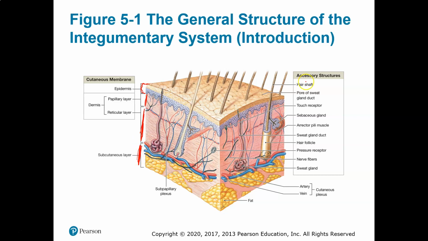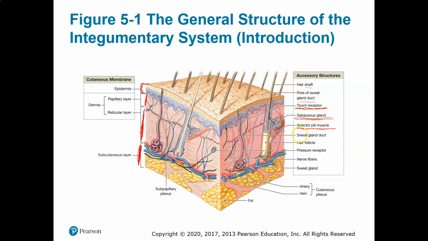You can see hair, the hair shaft. You can see a pore of a sweat gland duct that is not connected to a hair shaft. You can see touch receptors. They're in the dermis, but this touch receptor is connected closely to the epidermis. Sebaceous glands, which are always associated with a hair follicle. The erector pili muscle, which contracts and causes you to have goosebumps, causes your hair to stand on end.